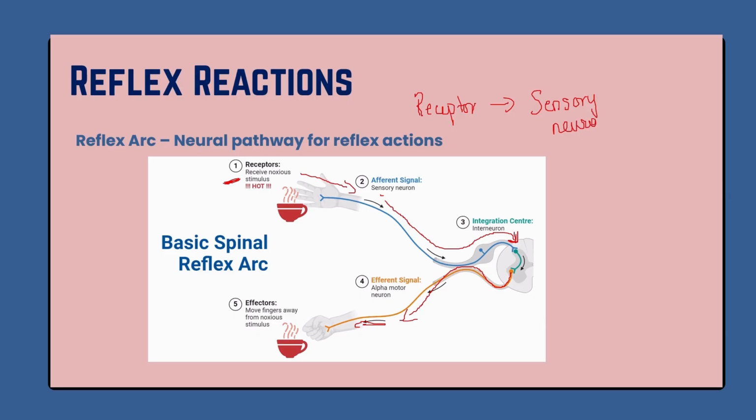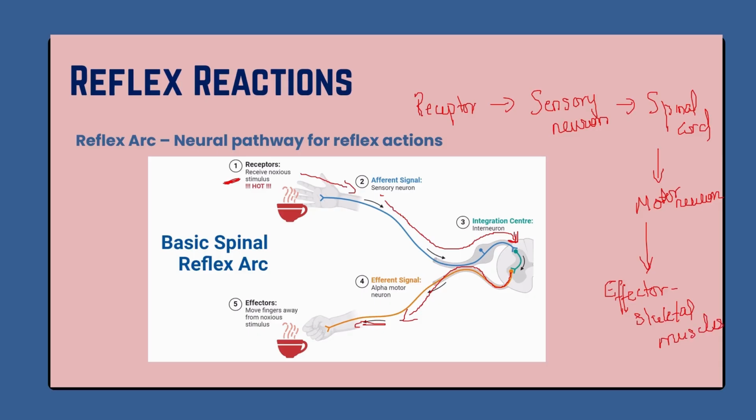From sensory neuron, it goes to the spinal cord, right? From spinal cord to motor neuron. Motor neuron takes the signal to the what? Effector. What is the effector here? Your skeletal muscles, which are telling you to move your hands. Alright, so this is very important. Remember the reflex arc.